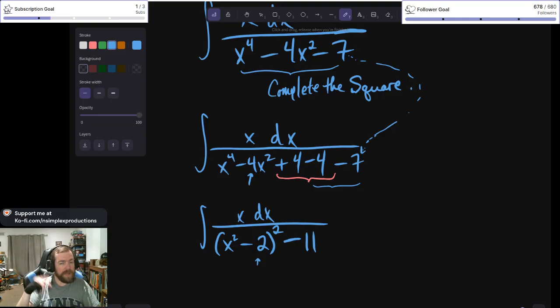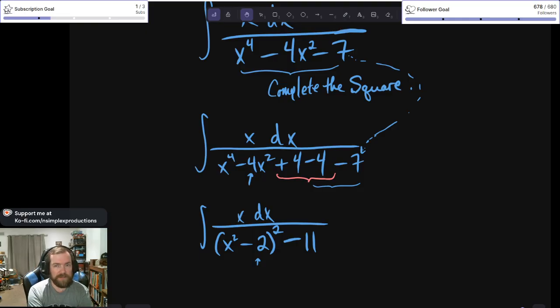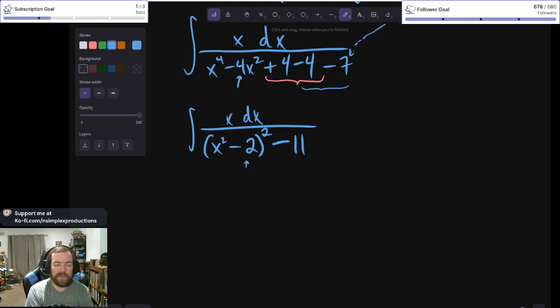Okay, now that we've made that substitution, interestingly enough, now we have a u-substitution. So if we let u be equal to x squared minus 2, then du is going to be equal to 2x dx.